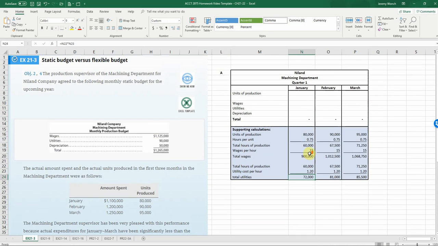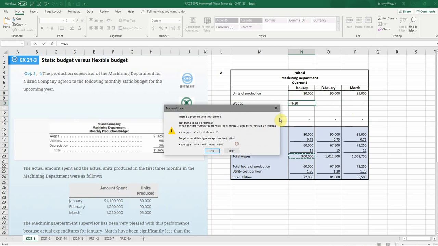All right, so now we have our supporting information, so now we can fill out our budget so it matches what we had produced originally. So units produced, we calculated that at 80, 90, and 95. We have our wages.